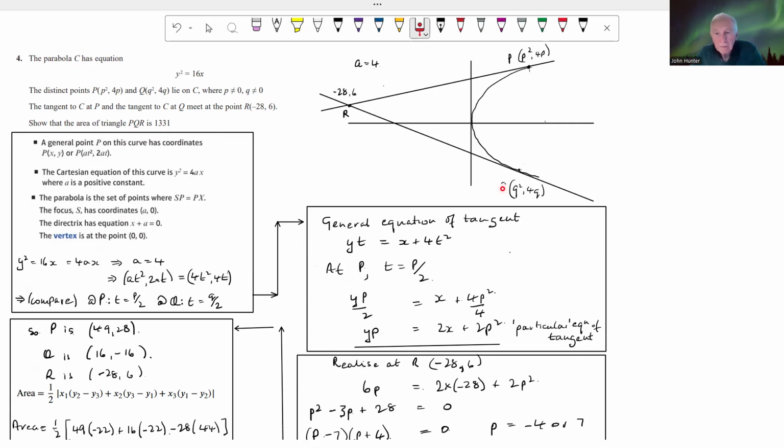Very often we'll be expressing an answer in relation to p, and sometimes we have to do it in relation to a as well if we don't know what a is. But they're real values, so you just work through them on the basis that these are actual values, and that should work you through to your solution.